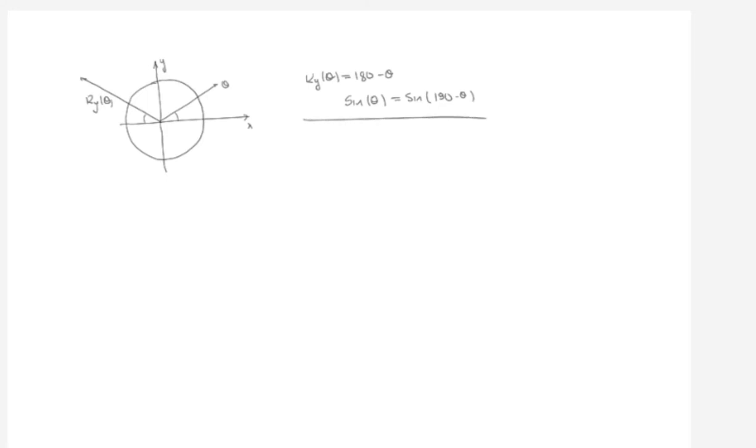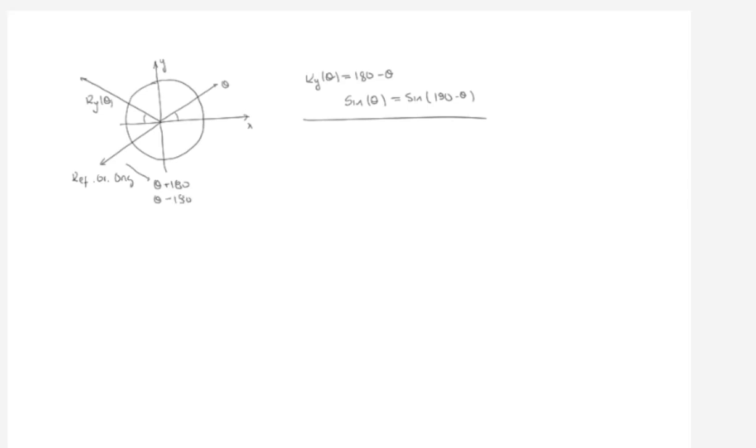We can also consider the reflection around the origin. The reflection around the origin is either theta plus 180, or sometimes you can do theta minus 180.